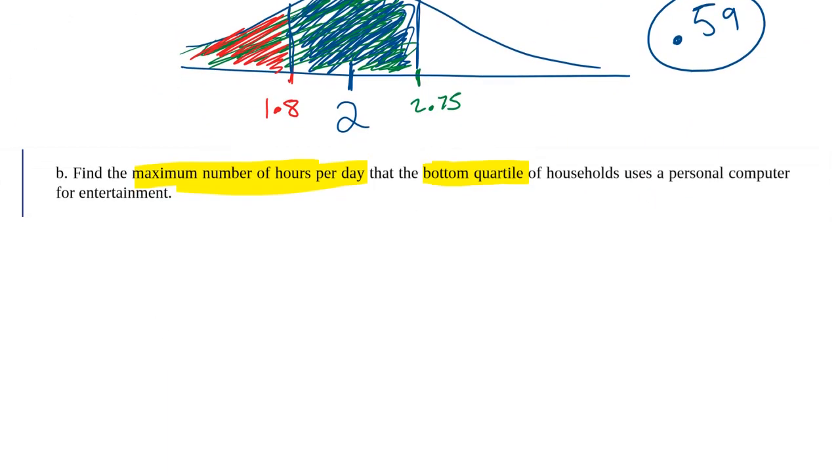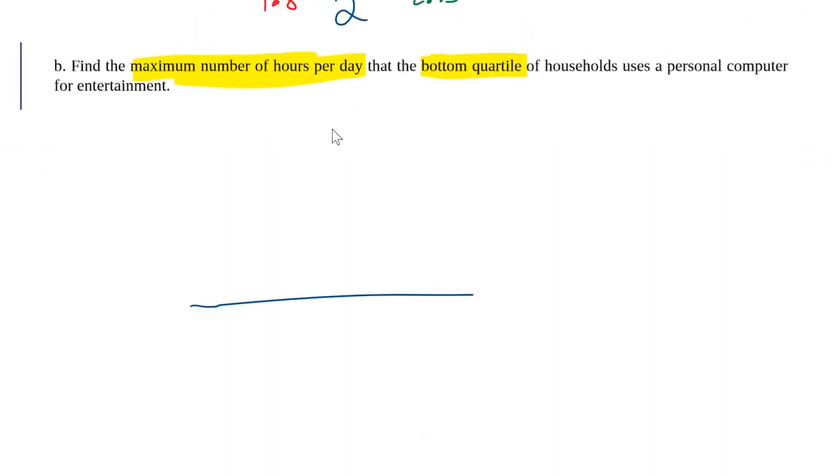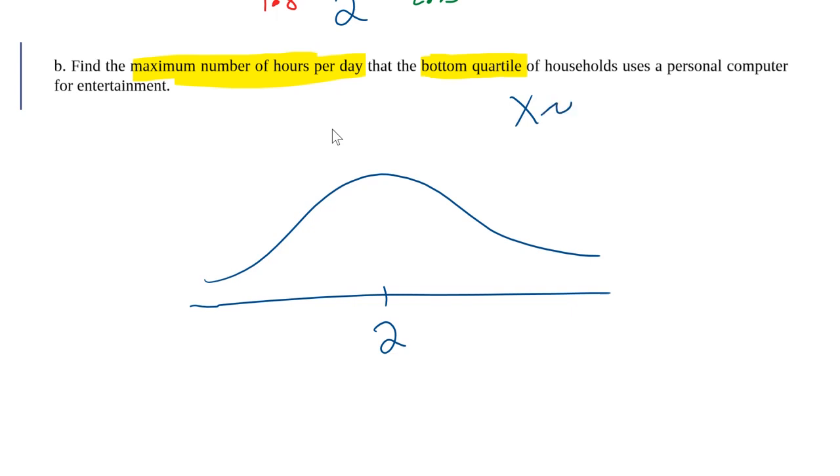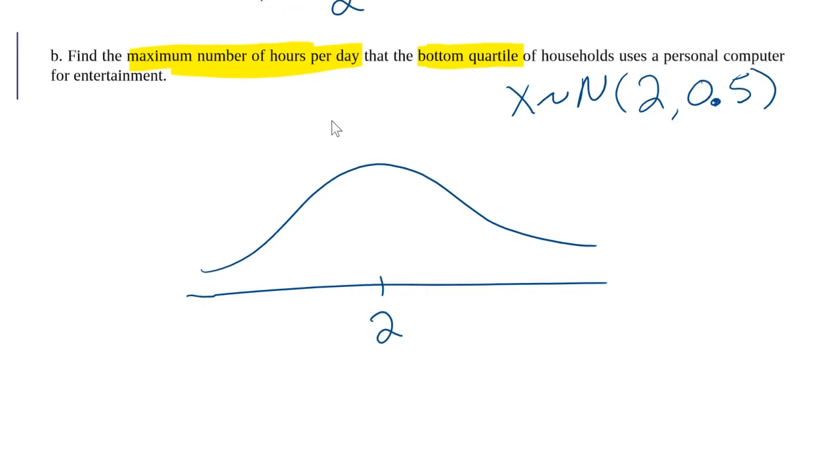Let me go ahead and draw the distribution again. In the center, I have 2 hours. We know that X is normally distributed with a mean of 2, standard deviation of 0.5. So the bottom quartile would be somewhere around right here, because 25% or 0.25 of the distribution will be less than whatever that quartile number is. I'll use the letter K to represent whatever that quartile is.